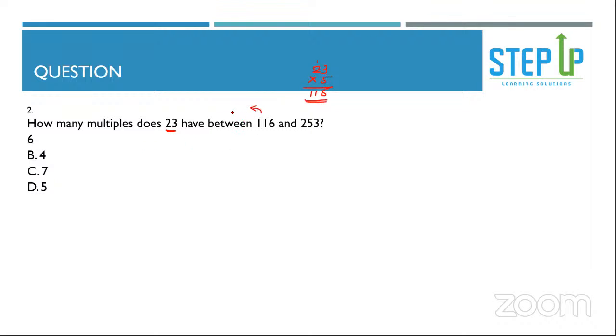So before 116, there was one number, 115, which was a multiple of 23. Okay.